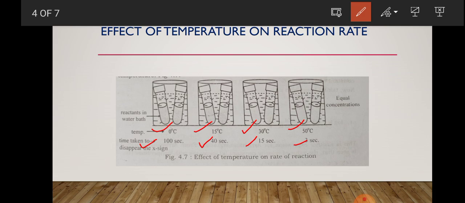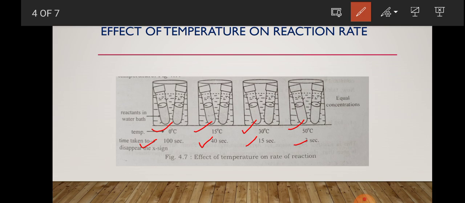And what is the reason behind this? The reason is, with the increase of temperature, the average kinetic energy of the reactant molecules is increased. The effect of temperature on the reactant is of two types.